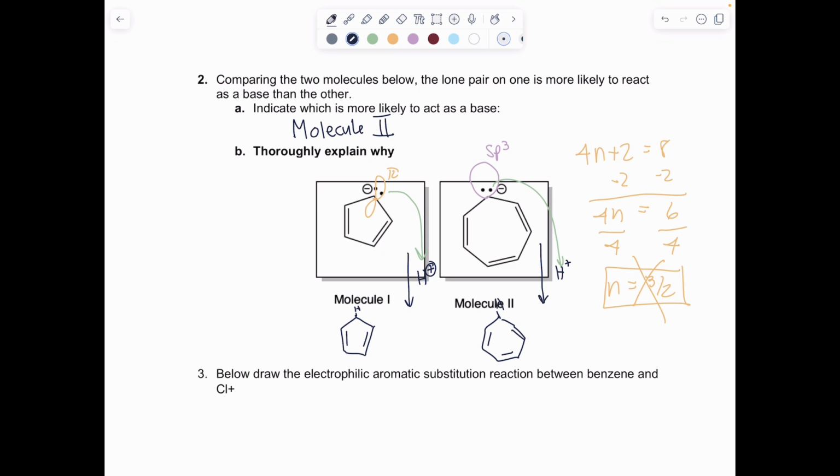So you needed to have an explanation of both molecules, not just one or the other. So you couldn't just say molecule 2 is more basic because it's anti-aromatic. You had to say molecule 2 is anti-aromatic and molecule 1 is aromatic. So the aromatic prefers to keep its aromaticity, whereas molecule 2 prefers to get rid of the carbanion and become more stable.